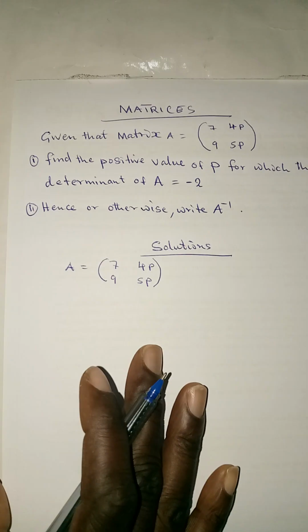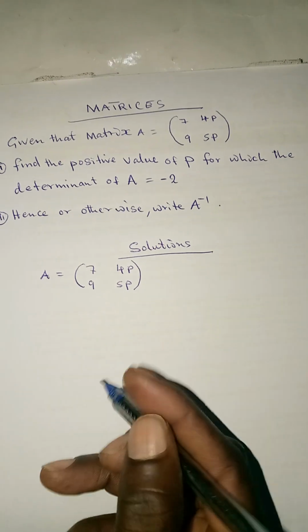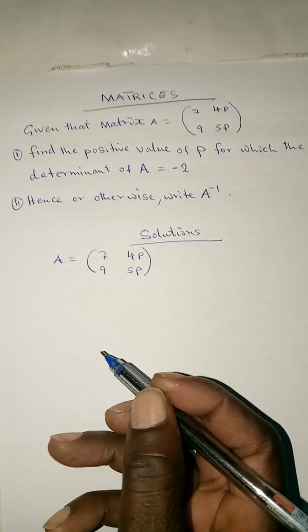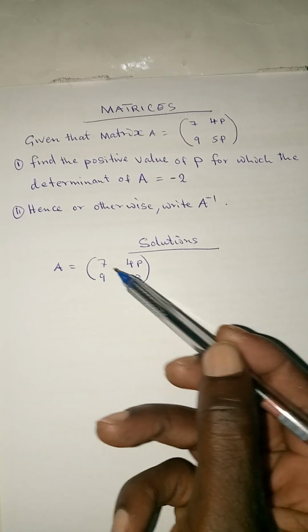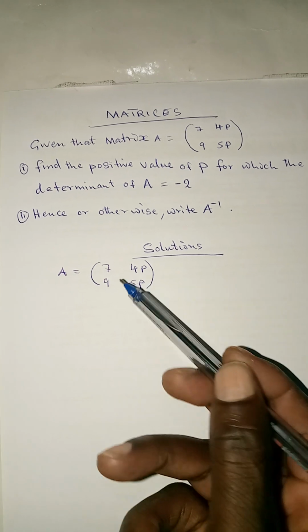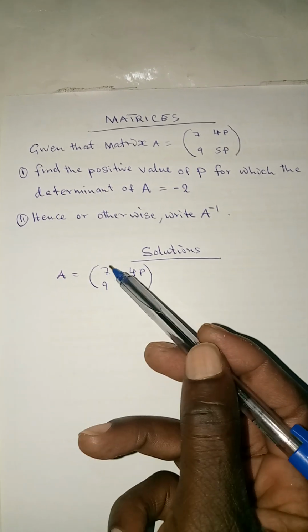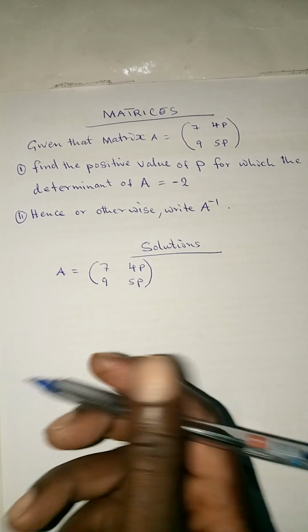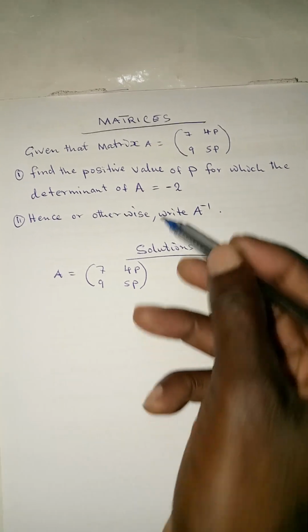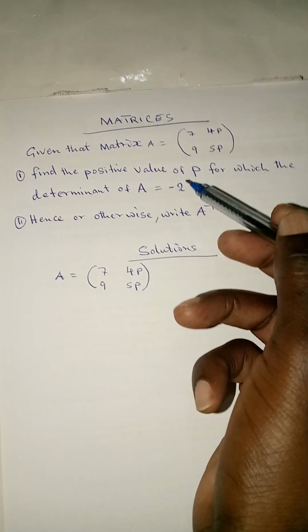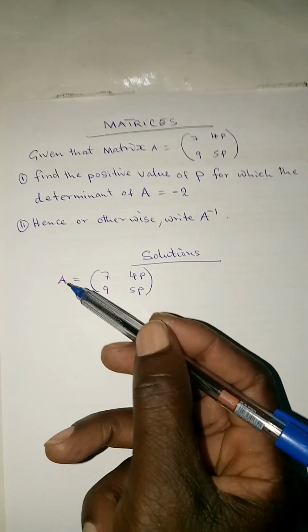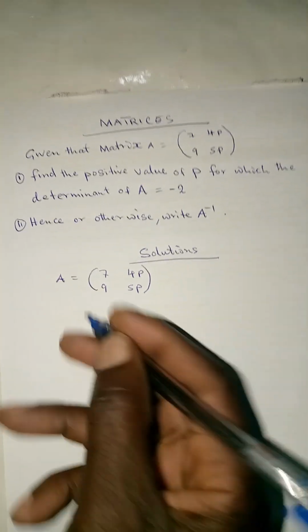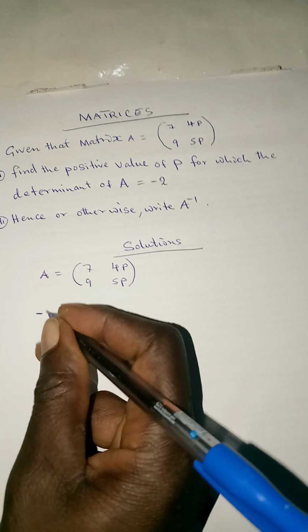A matrix is just a rectangular array of objects, arrayed in a rectangular way. To find the determinant, in this question we are already given the determinant as -2. So where there is A there, we just replace it with the value of the determinant we are given. So we put a -2 there.